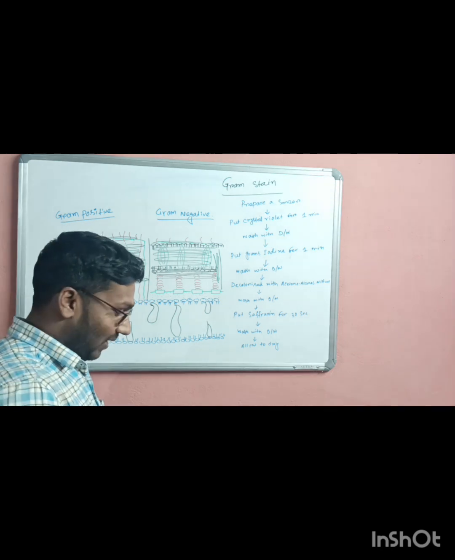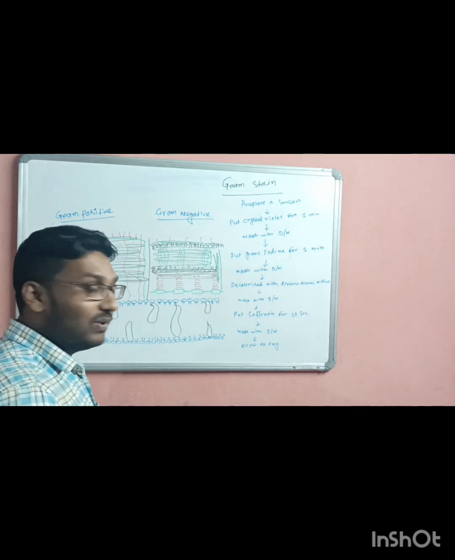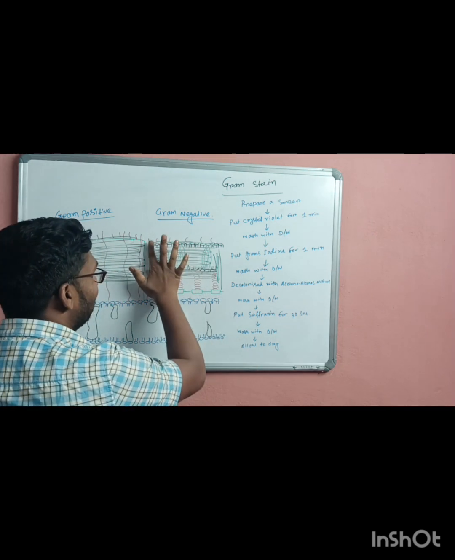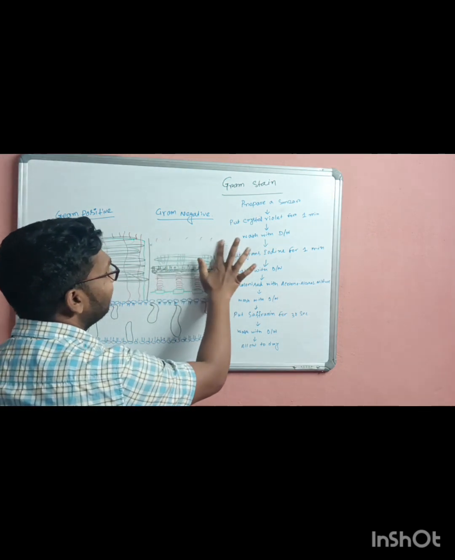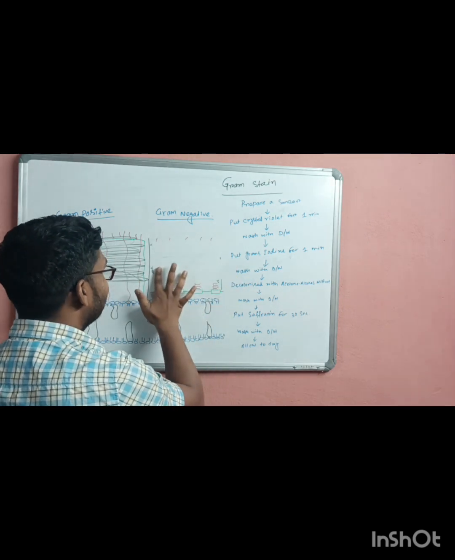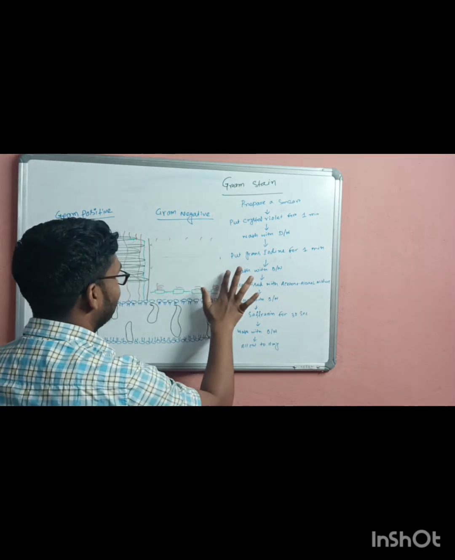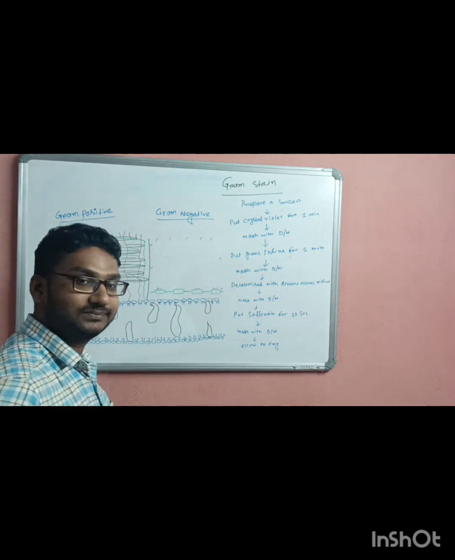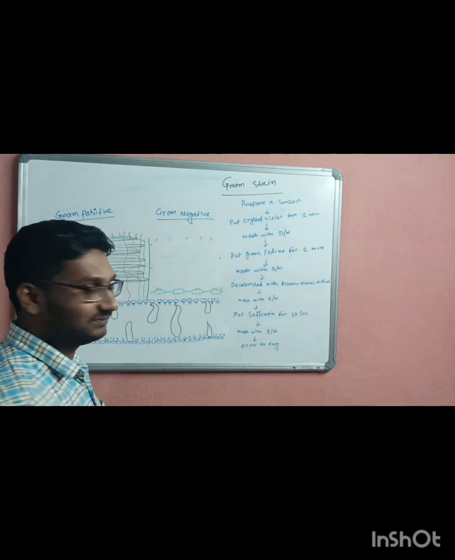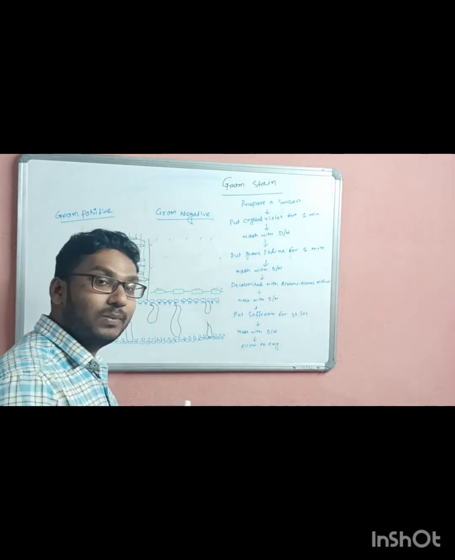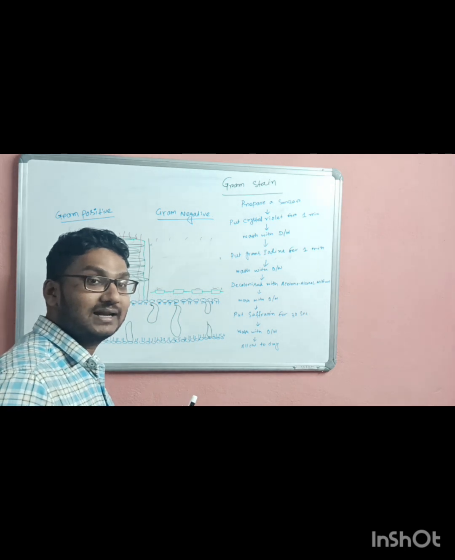So when we put the decolorizer, the primary stain with gram's iodine is removed quickly in gram negative bacteria. After that, again we wash it properly with distilled water or tap water.